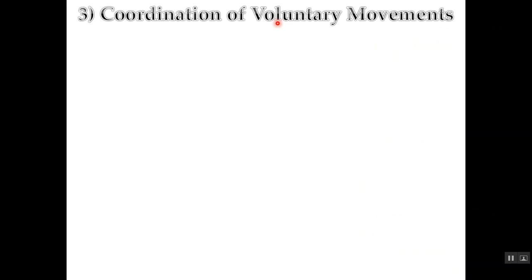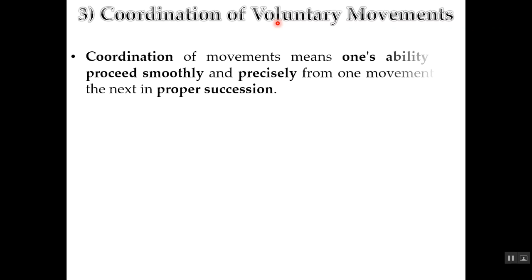What about the next function? The next function of the cerebellum is the coordination of the voluntary movement. This is a function of the intermediate zone of the spinocerebellum plus the cerebrocerebellum. What's meant by coordination?